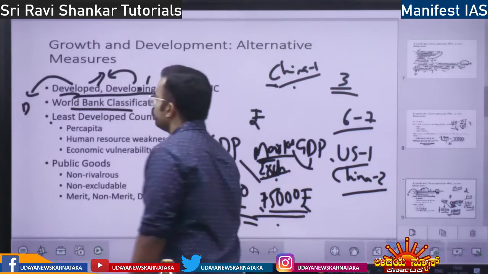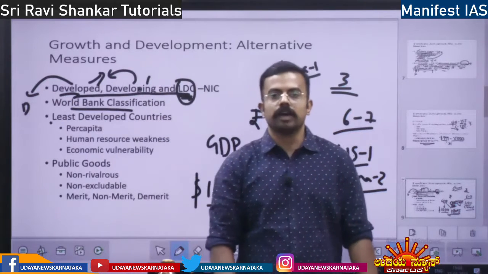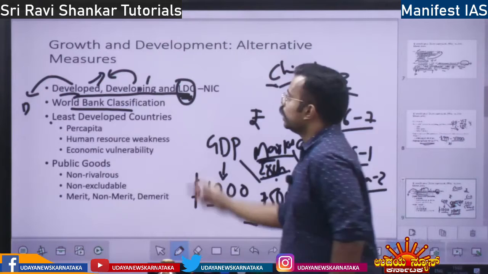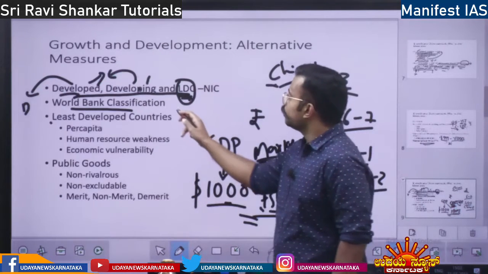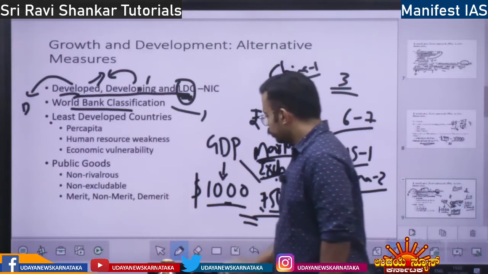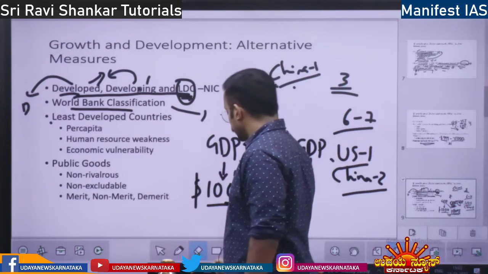Okay, so we have the World Bank classification. The World Bank classifies the developed, developing and least developed countries. How does the World Bank classify? There is a proper criteria.